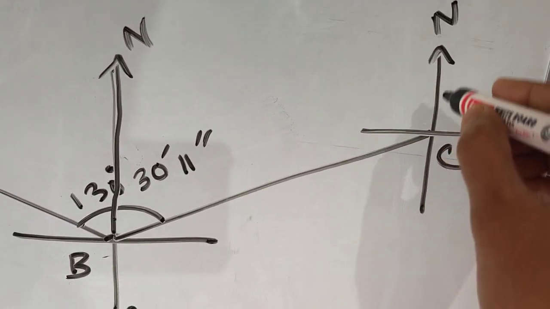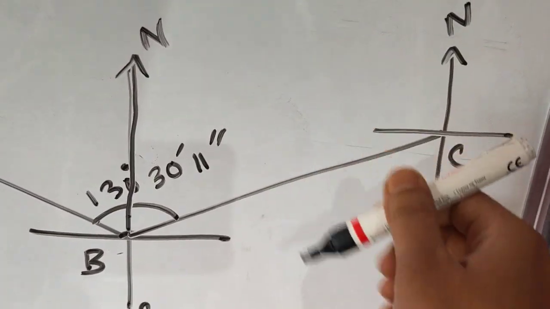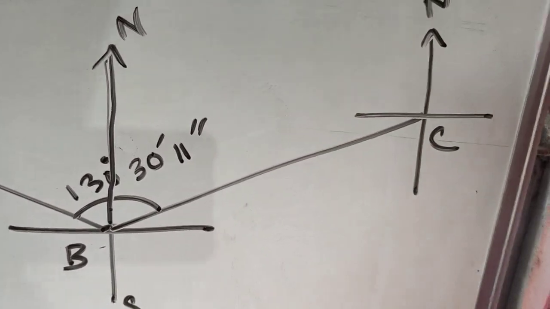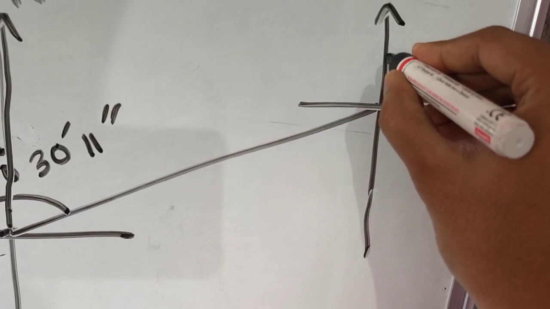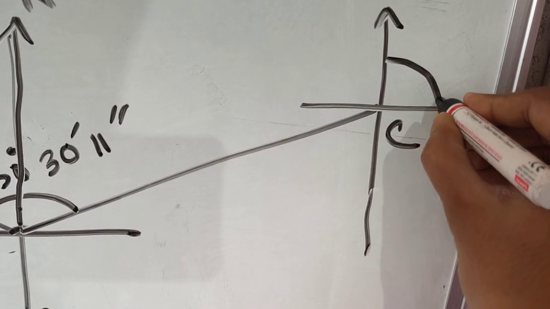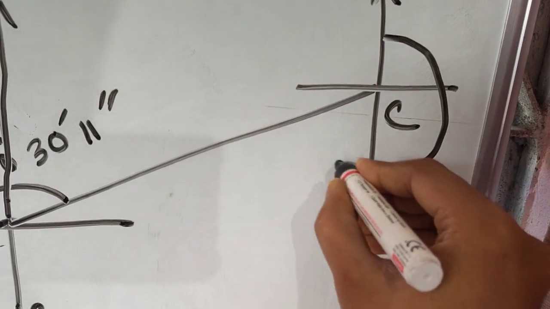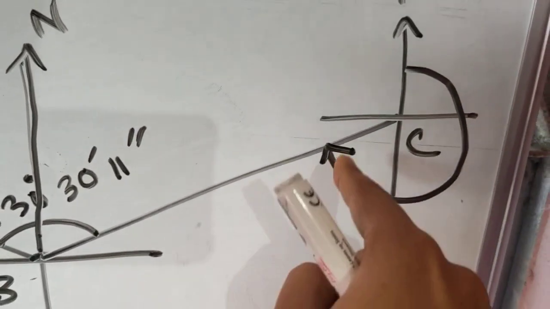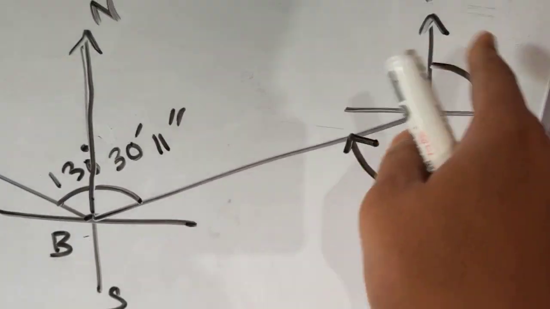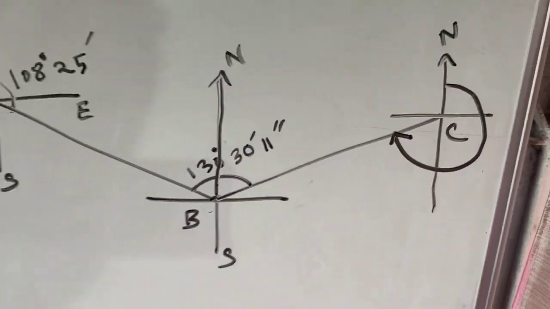So the angle between the north direction and the line BC measured in clockwise direction will be the bearing. So this is clockwise direction. We are starting from the north, and here we come up to the line BC. So this angle is the bearing of line BC. We need to find out this angle. Okay.